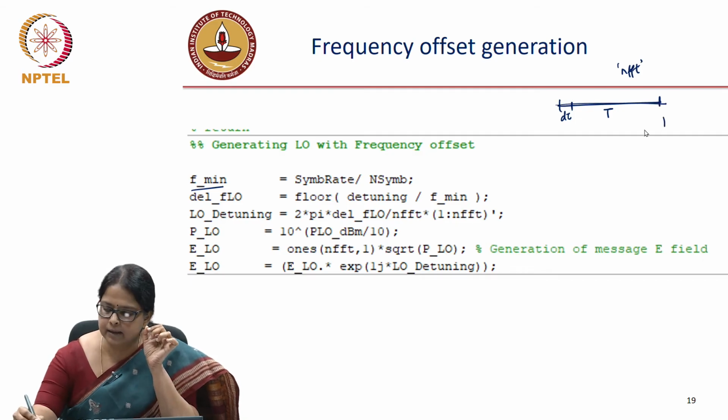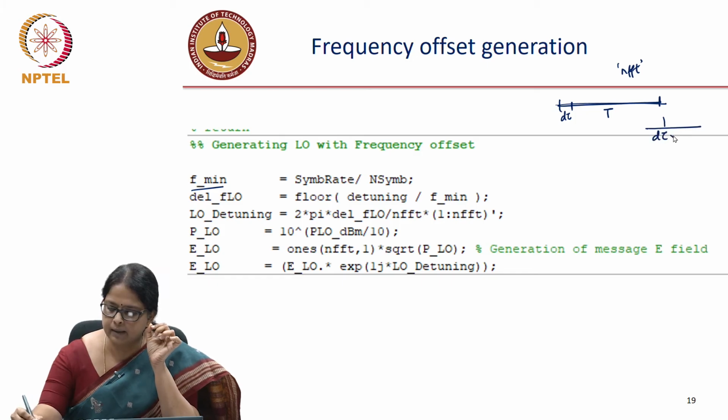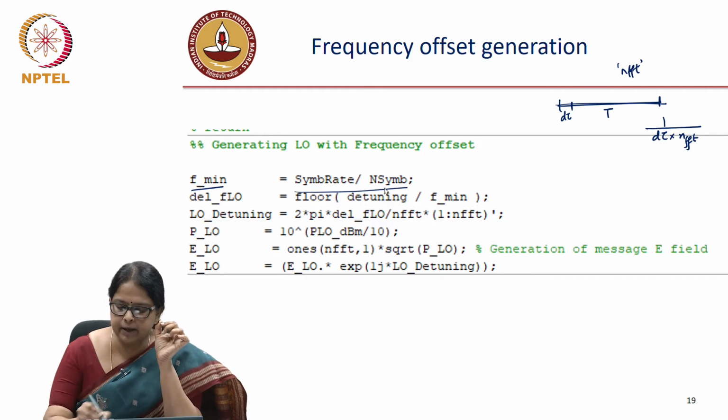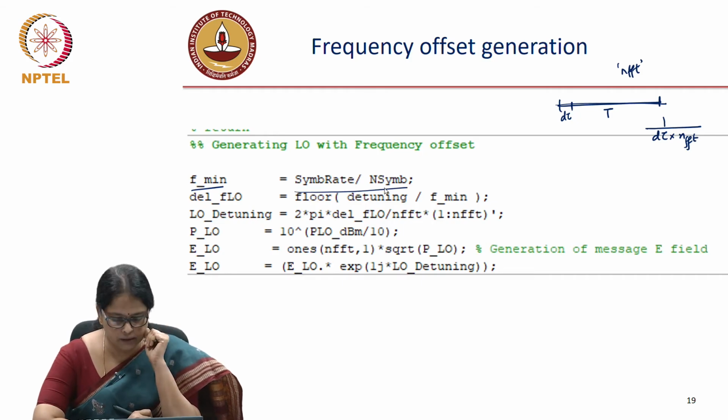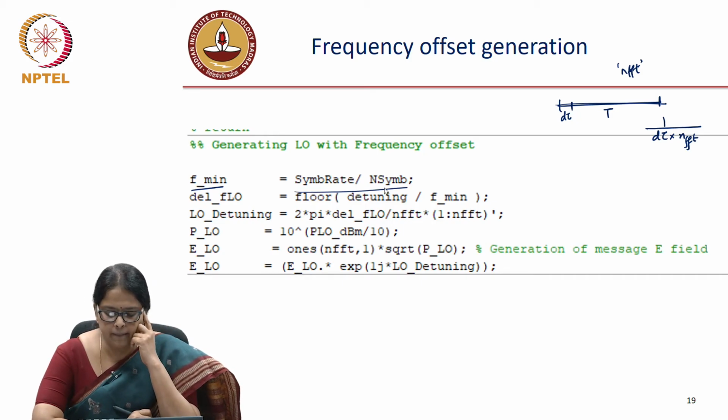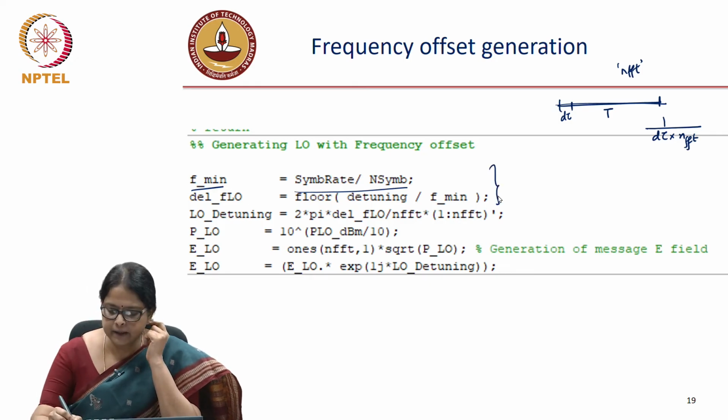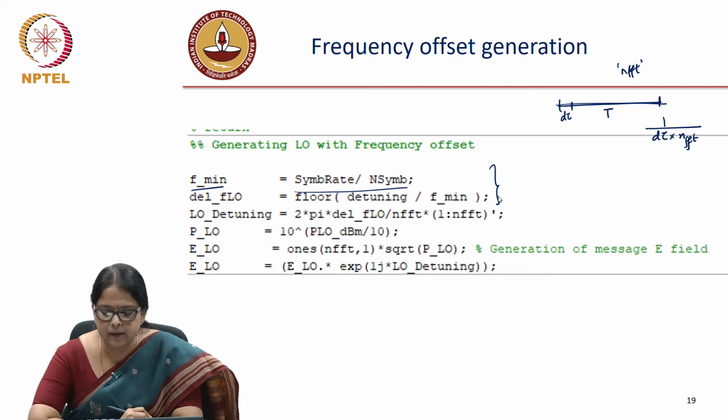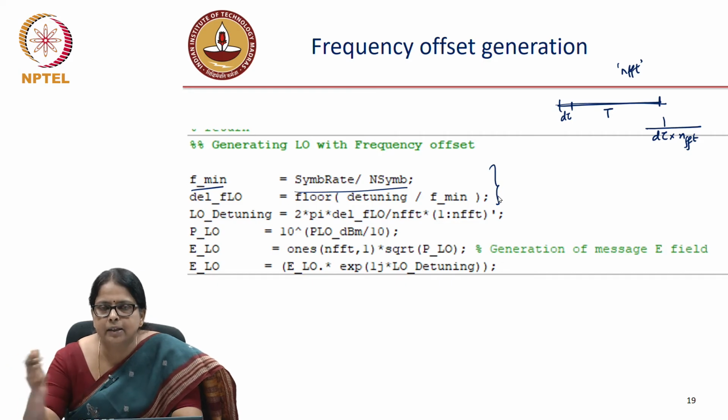Then the minimum frequency is 1 by d tau times NFFT, which is also the same as the symbol rate divided by the number of symbols that I have chosen. So, these steps make sure that the frequency offset we want to simulate complies with the time and frequency discretization that we have chosen.